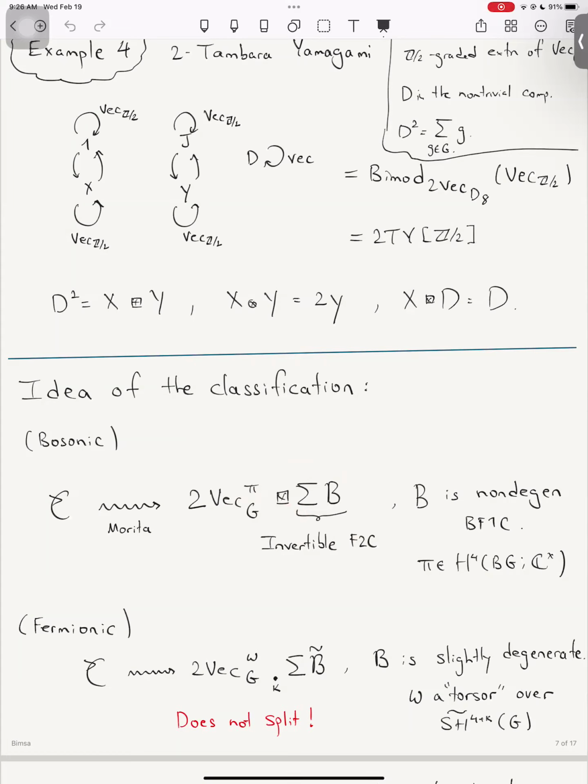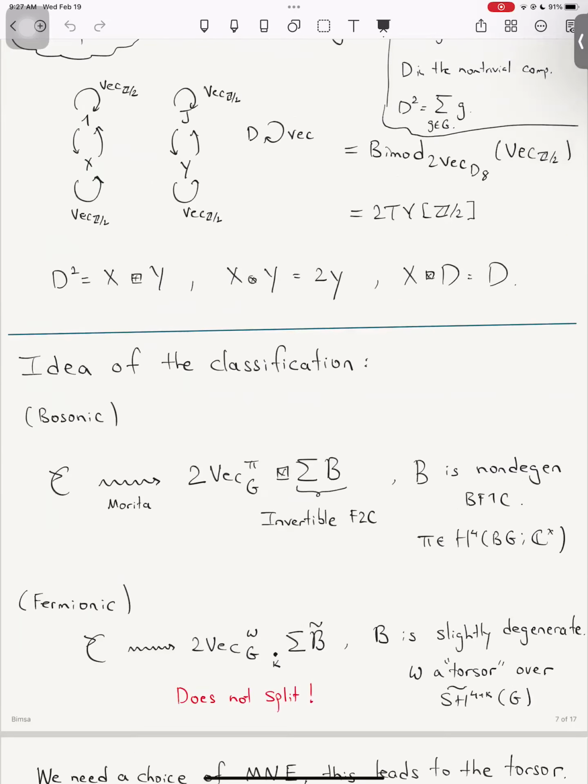What does it mean to be an invertible fusion 2 category? Well, again, it's the suspension of a fusion 1 category, but in particular, it's a non-degenerate braided fusion 1 category. This is the important part. If B is specifically non-degenerate, then the suspension of it ends up being invertible. And I really mean invertible in the Morita category, the +2 Morita category. That's what I mean by invertible.